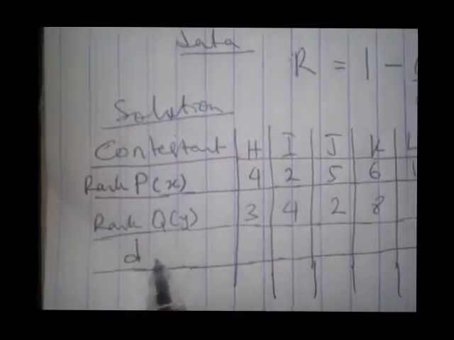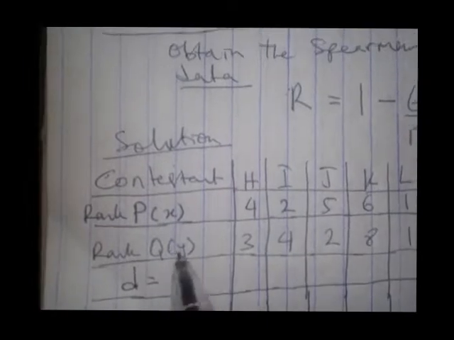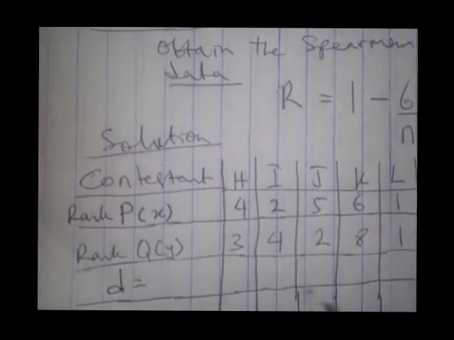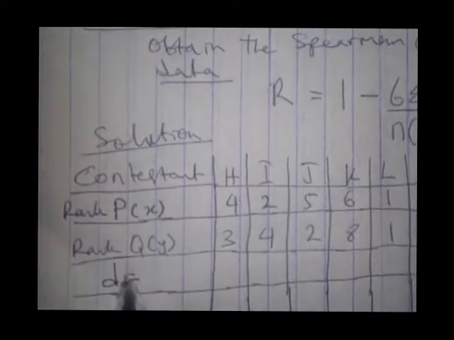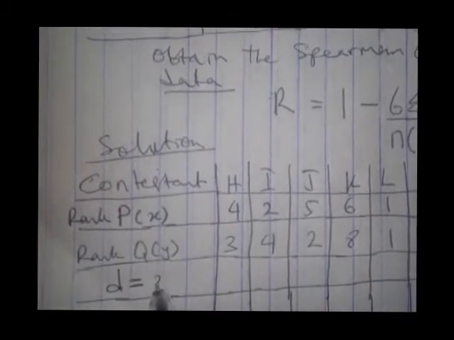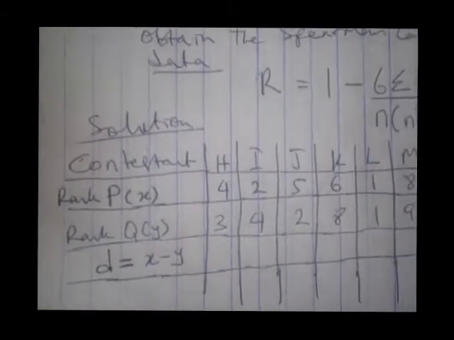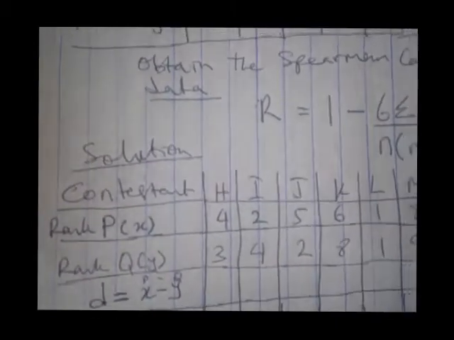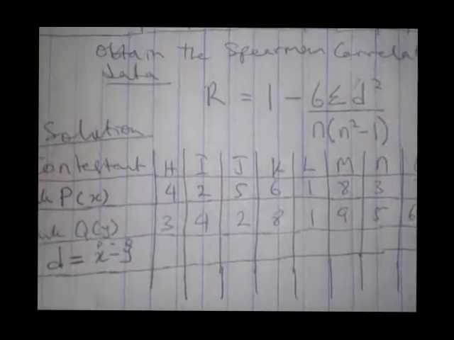D here is, I would have said P minus Q, which is still the same thing, but just to make it a little bit clearer, I will now say X minus Y. So if you put P, Q here, you have not done anything wrong, sincerely. Please take note of that. Now, X minus Y, or P minus Q, will give us 1.